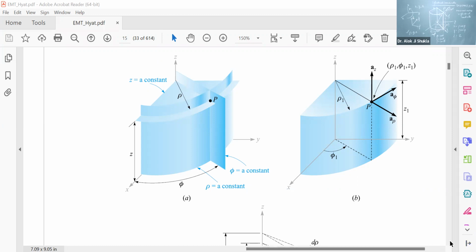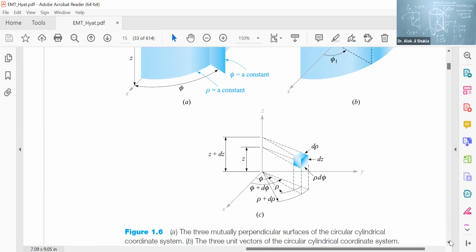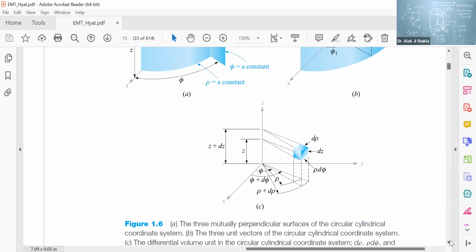And just see this. If you want, you can make this. So this will be the small volume in the cylindrical coordinate, like I made in the Cartesian also, no? I made dx, dy, dz.